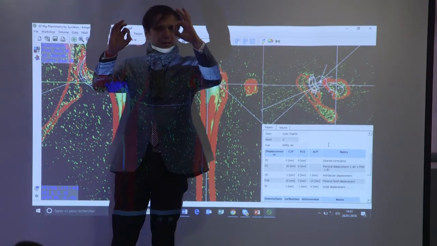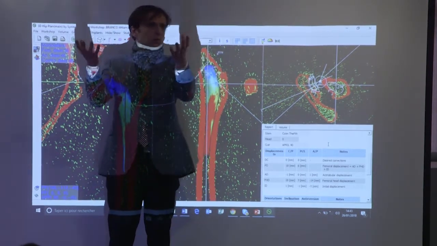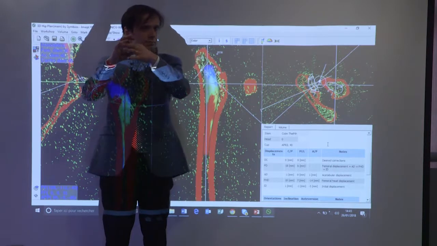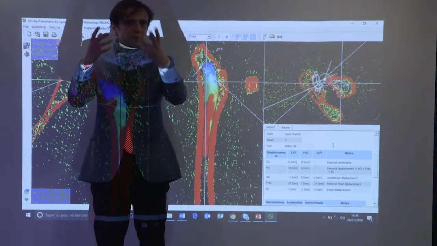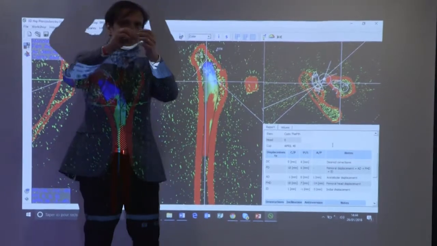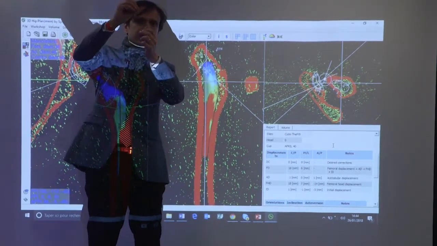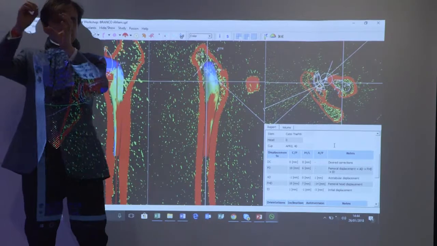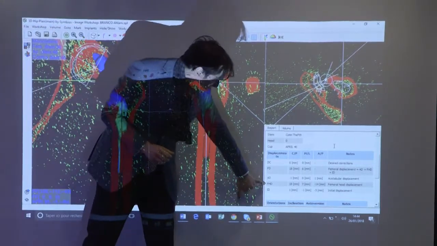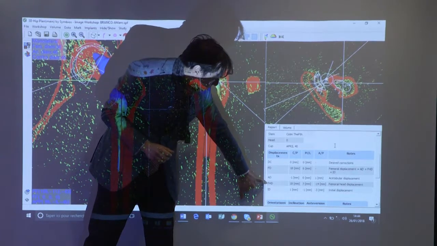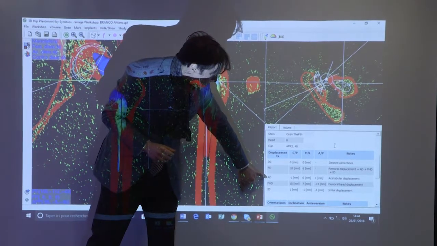So normally, these 2 points in a normal hip should be coincident. Because of the wear, they will not be coincident. So there will be what we call initial displacement. Let's say a wear with a shortening and a slight shift laterally. Afterwards, we have the femoral head displacement and the acetabular displacement.